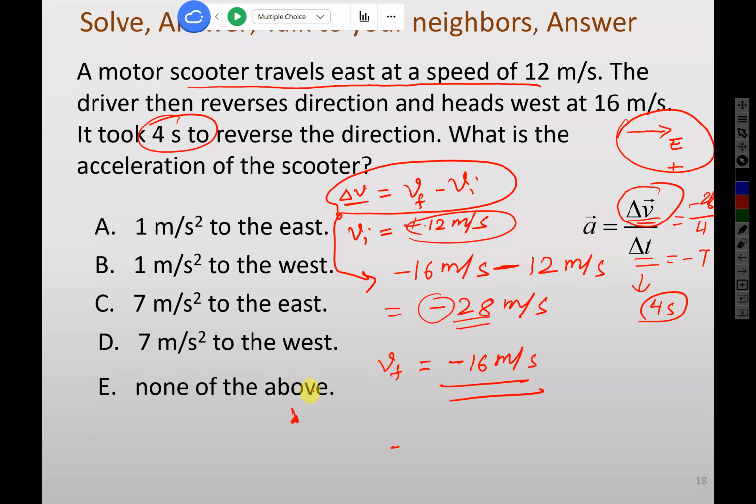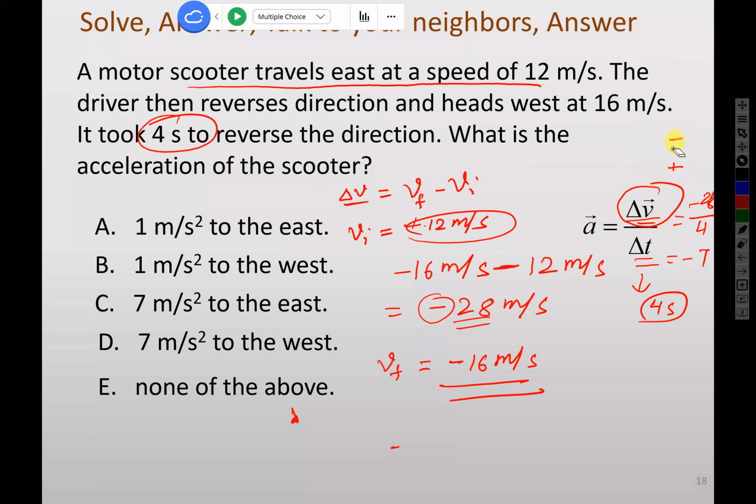Now, if I had assumed west as positive, would the answer change? Let's say this is west and that is positive. How is all this going to change? Then that means vI would be negative and vF would be positive. And when I plug that into this formula, what happens?